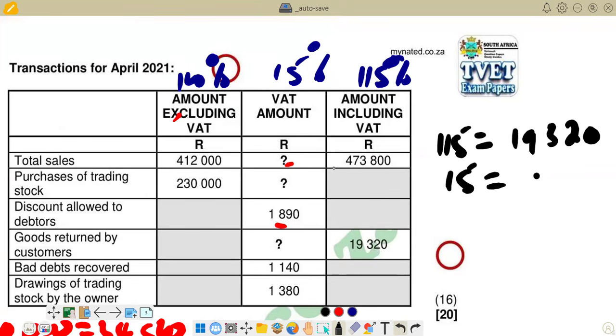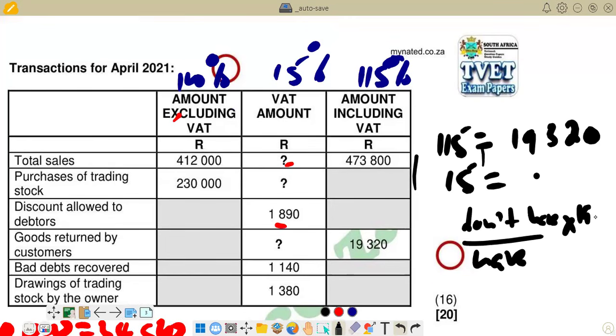We can use a simple formula: what you don't have, you put as a numerator, and what you have, you put as a denominator, and then you multiply by the given figure, 19,320 over 1. What you don't have is 15, so 15 is the numerator. What we have is 115, the denominator. Then you multiply by the given figure, which is 19,320.